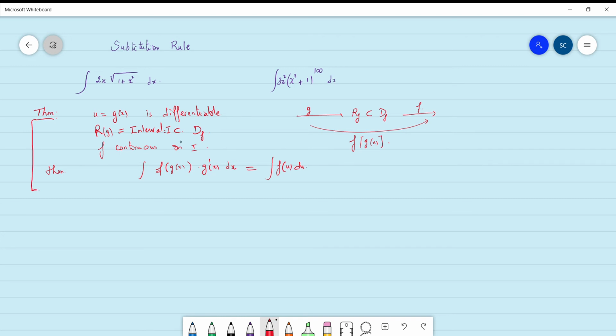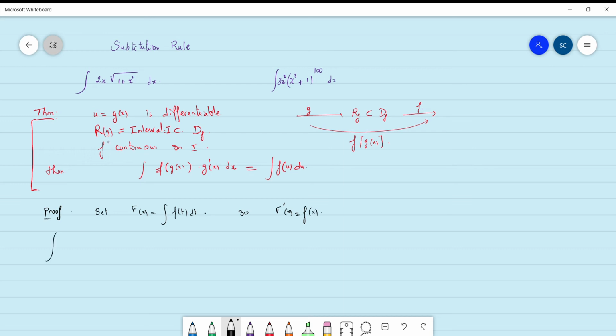Okay, so this is what the theorem says. And the proof, let's have a look at it. It's a nice one. Since f is continuous, it has an antiderivative. Set F(x), an antiderivative of f(t) dt. So we have F prime of x is f at x. Now we want to show this equality.